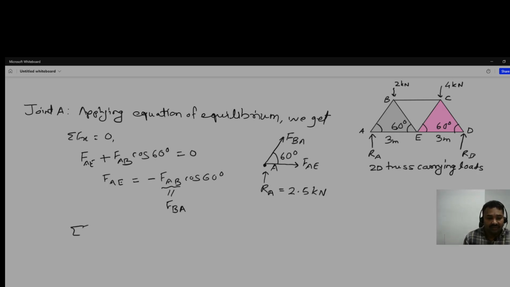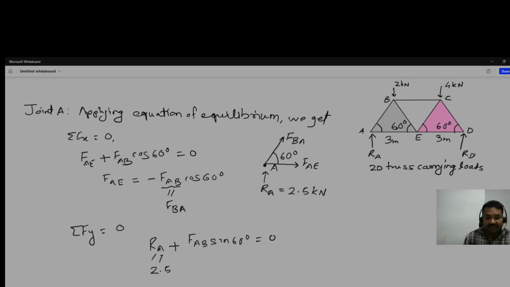So now summation of Fy is equal to 0. Then what we are getting, RA in positive direction plus FAB sine 60 degree is equal to 0, and RA already we know 2.5.